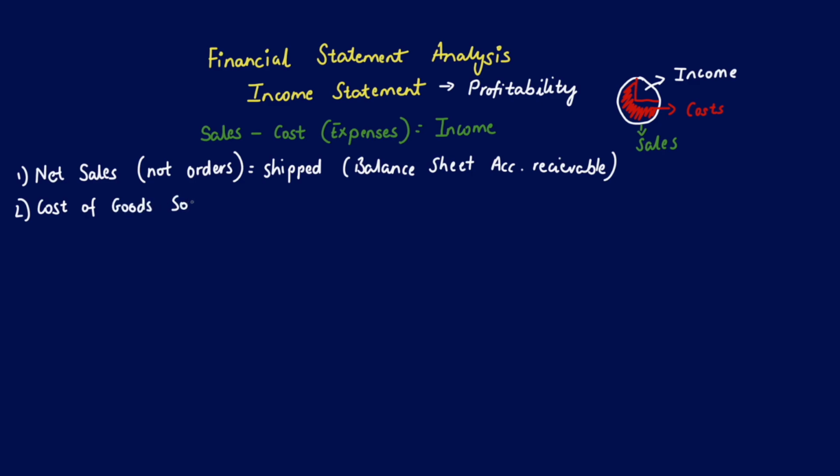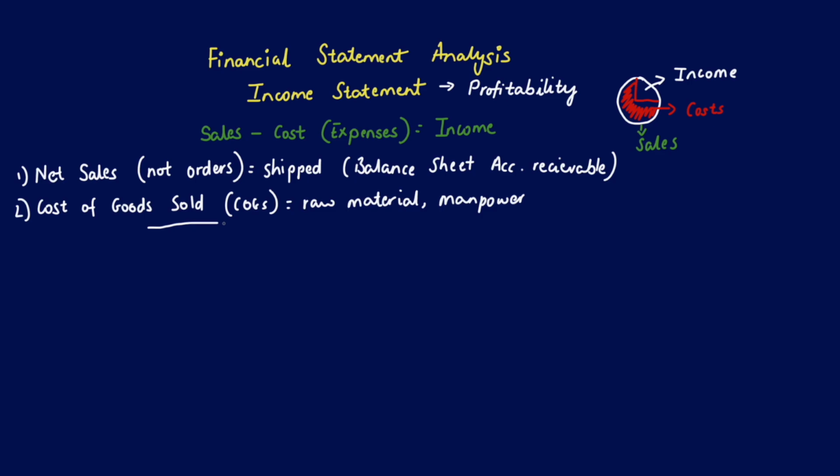Now, the second thing on our income statement is something called COGS, or cost of goods sold. Anytime you have a product, it costs you money to build that product. It could be things like raw materials or your manpower. Going back to the example of the pizza shop, if you wanted to sell pizzas, you'll have costs associated with making a pizza. You have to buy your dough, your tomato sauce, your toppings.